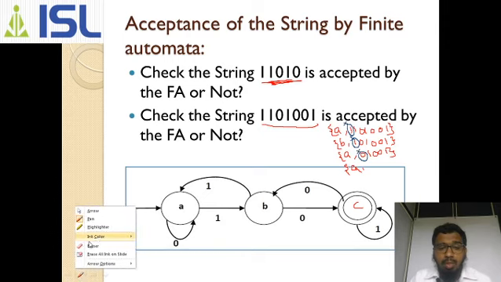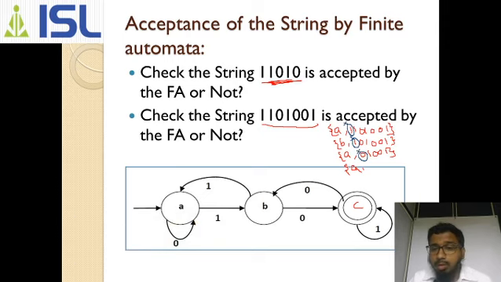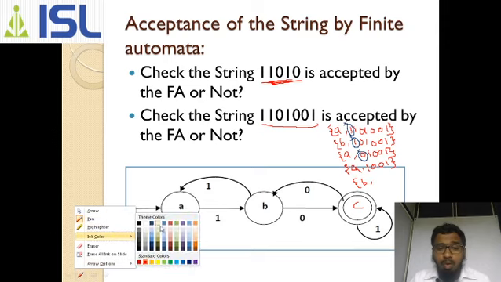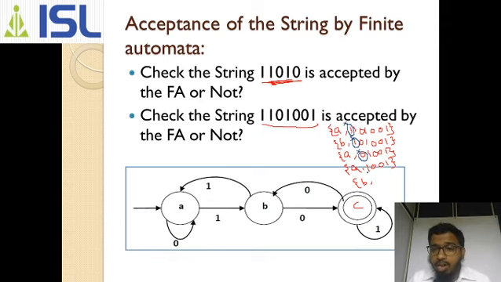Okay, in this 1001, we are writing the remaining string. Okay, next, if A is 1, where is it going? It is going to B, and we need to remove that 1 from the above list, and we need to write the remaining string.